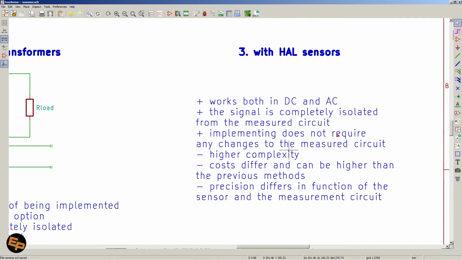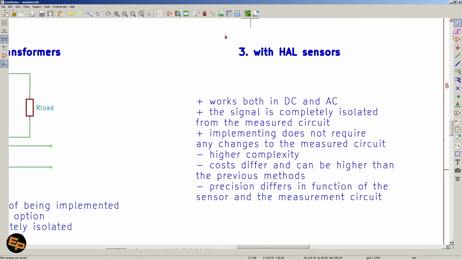The Hall sensor circuit requires higher complexity. We need to have a circuit for measuring currents with Hall sensors, and those circuits are relatively more complex than the previous ones we've talked about.